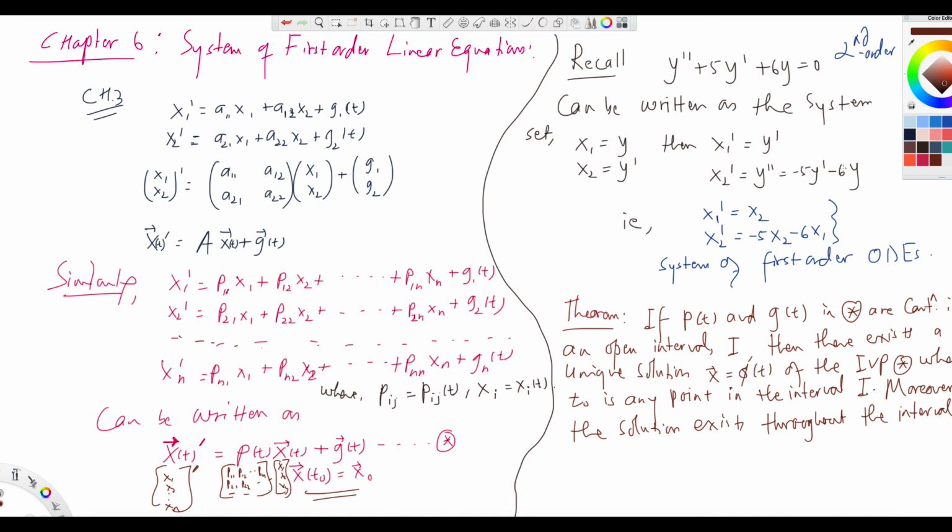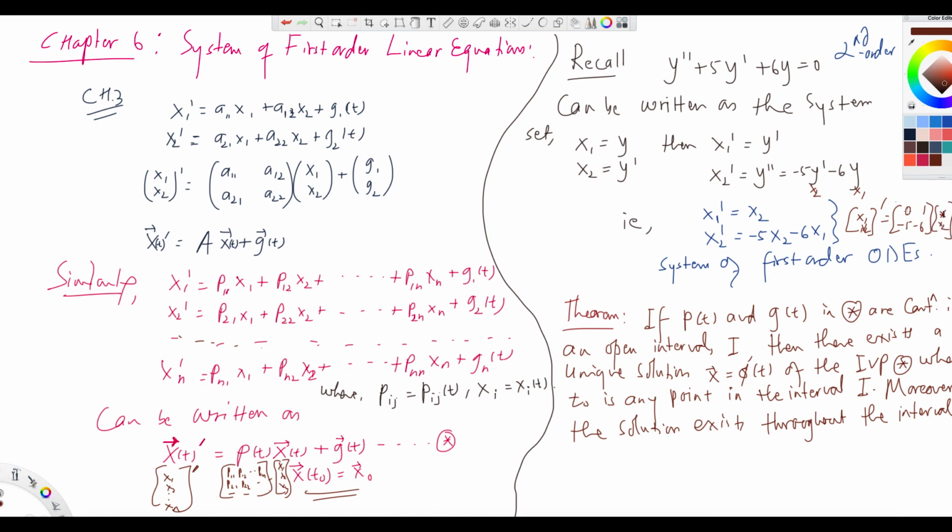That is minus 5x2 minus 6x1. You can write this in matrix form: x1, x2 prime equals the matrix with rows 0, 1 and minus 6, minus 5, times x1, x2.